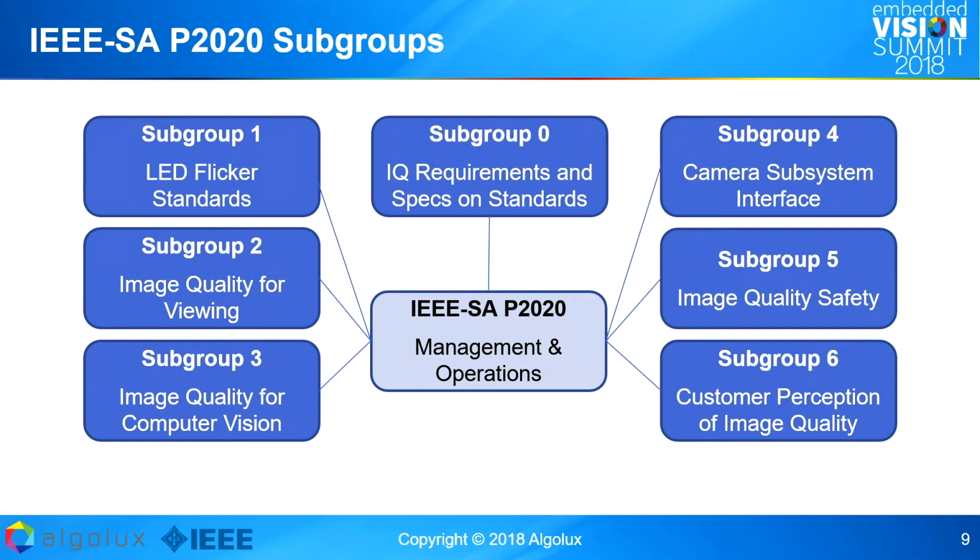There's a subgroup addressing LED flickers, dynamic artifacts due to LED lighting. There's image quality for viewing, image quality for computer vision, and interfacing, and a few other more customer-facing subgroups.